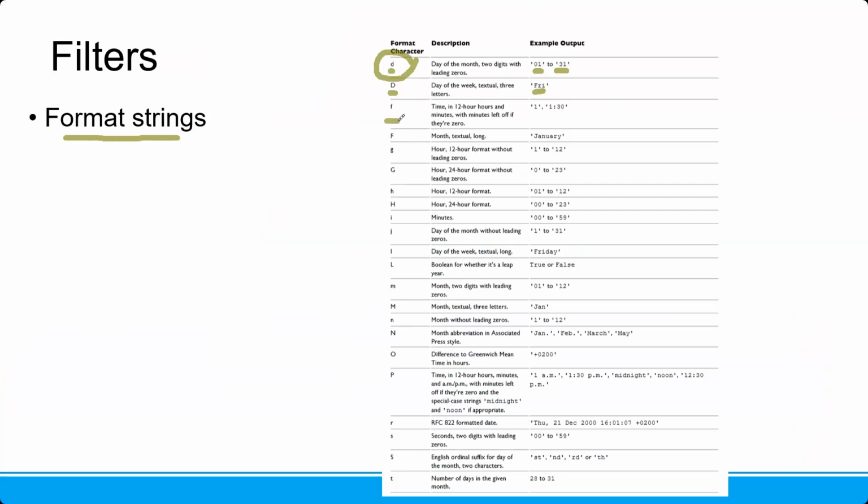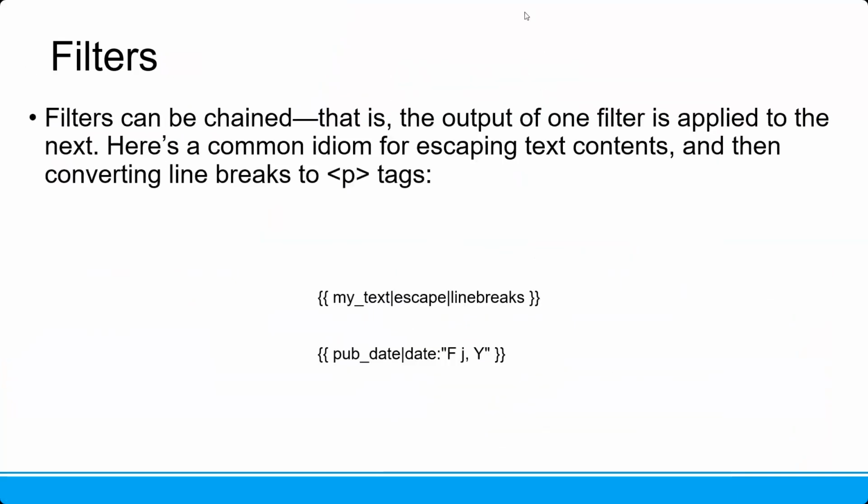If you put the format character f, then you will print the time. So the time can be like 1 or 1:30. Or if you have big F, then it is related to month. So this is the table related to the format characters if you want to specify this kind of date.